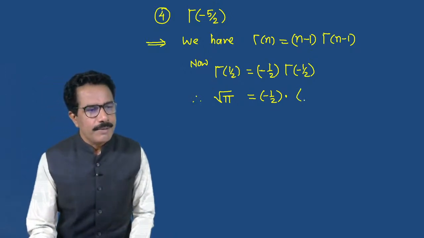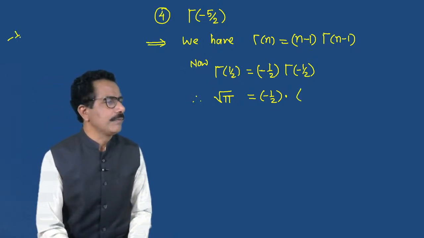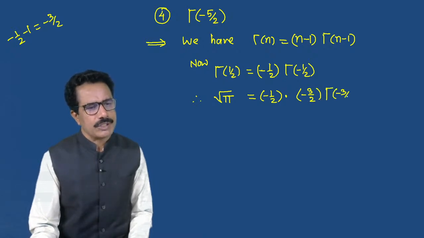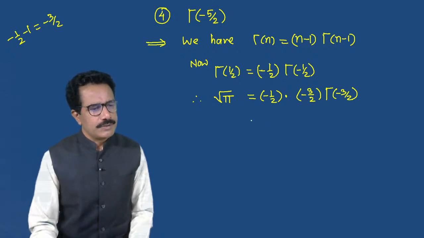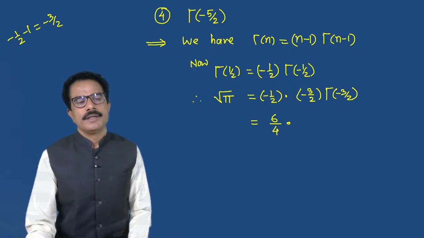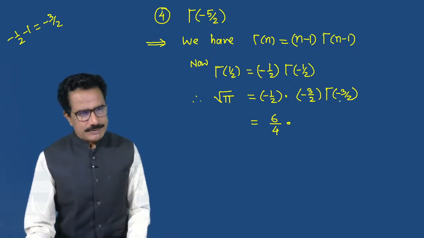That means minus 1/2 minus 1, that will be minus 3/2, minus 3/2 gamma of minus 3 by 2. So it will be minus minus plus, that is 3 by 4 into, again we can use the gamma.